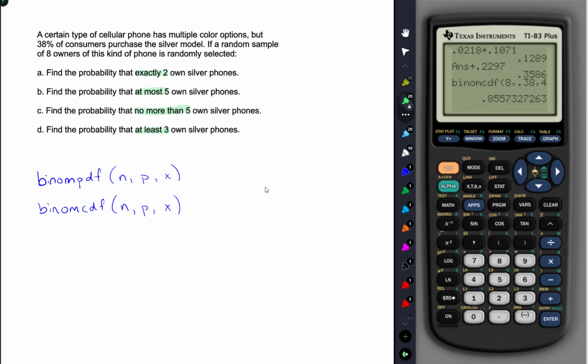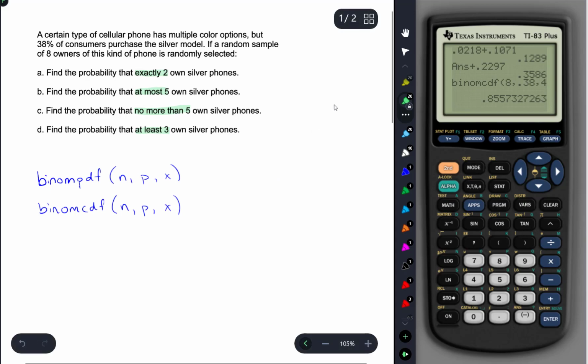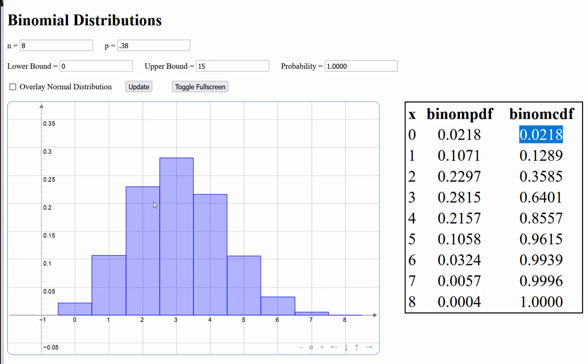So if I want to know the probability that exactly 2 people out of 8 own silver phones, well, for exactly 2 people out of 8, then I want the number of people to be exactly 2. If I want it to be exactly 2, then that's the only outcome that qualifies. All right, so I could shade, for instance, this one bar.